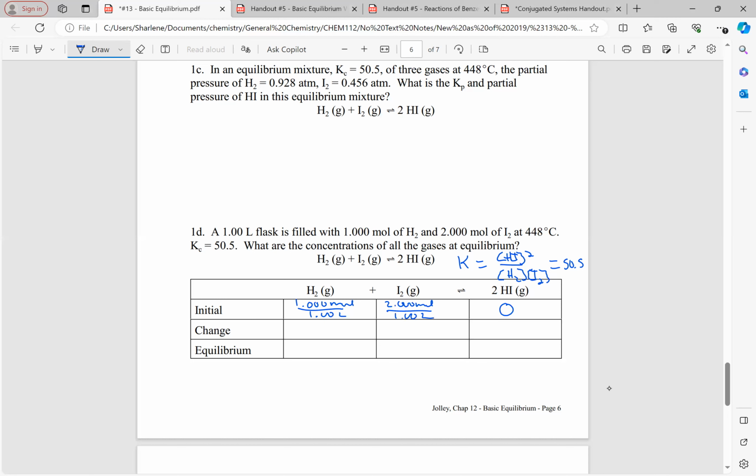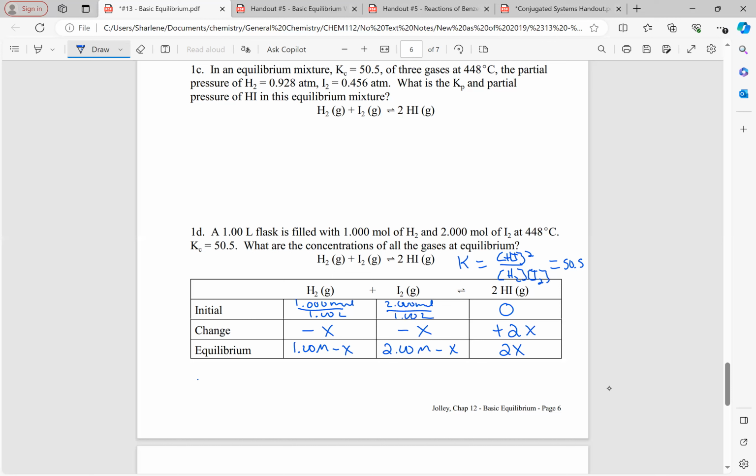All right, this is going to change by negative x, negative x, gain 2x. And so at equilibrium, I'm going to have 1.00 molar minus x, 2.00 molar minus x, and 2x. Now, those aren't numbers, but I can still plug them in.